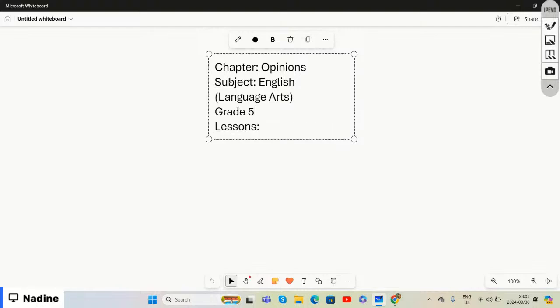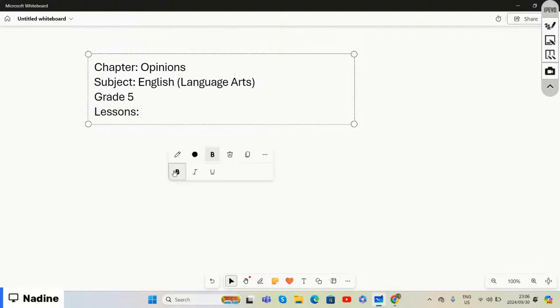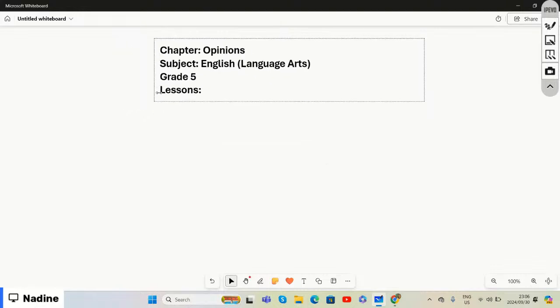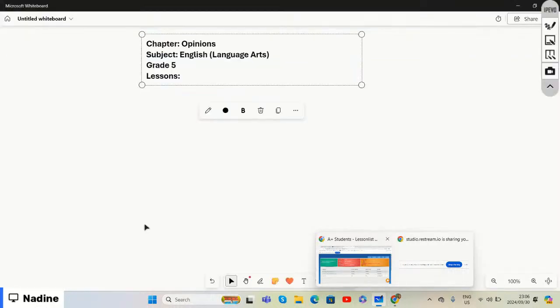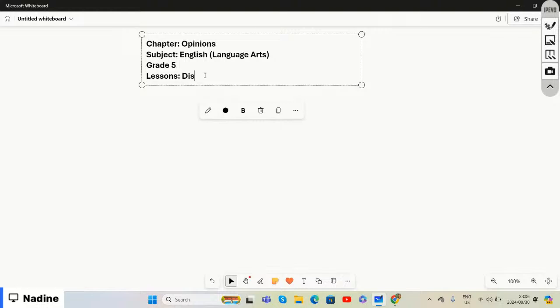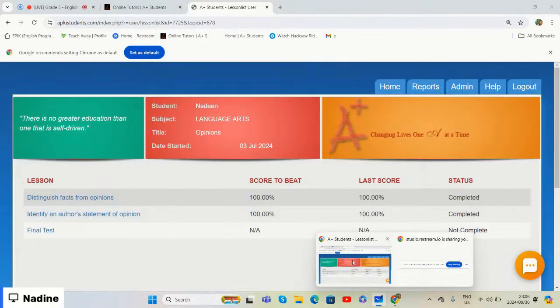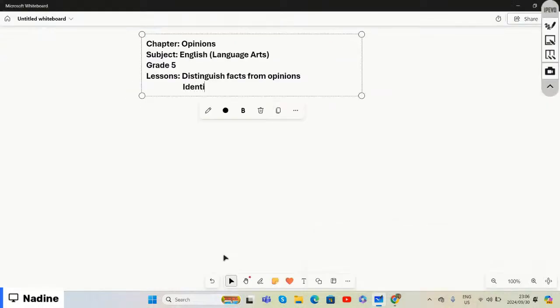And the lessons that we are going to be focusing on under our chapter of opinions: distinguish facts from opinions, and identify an author's statement of opinion.